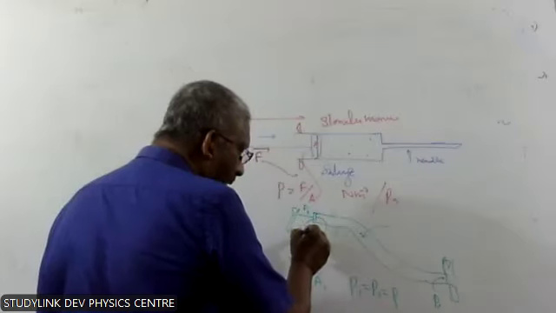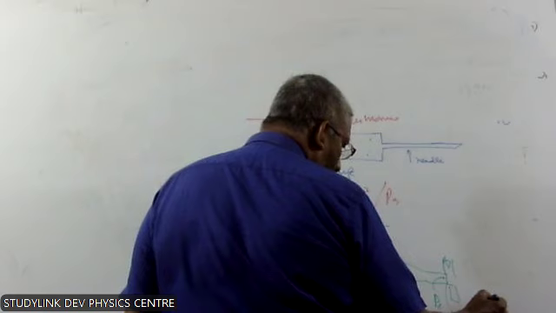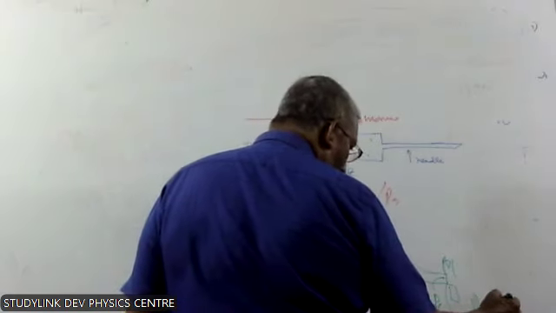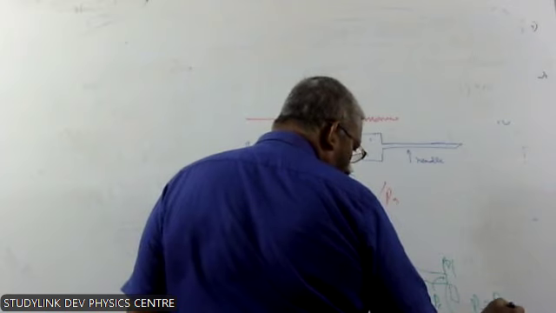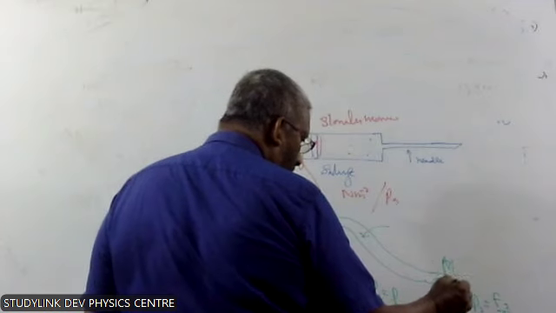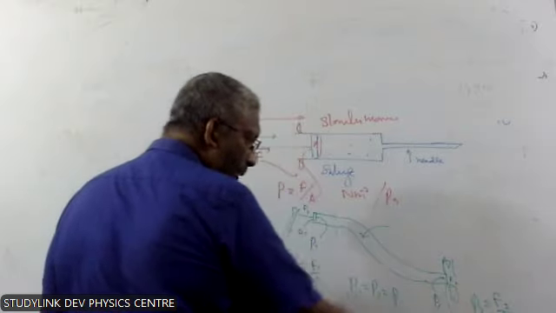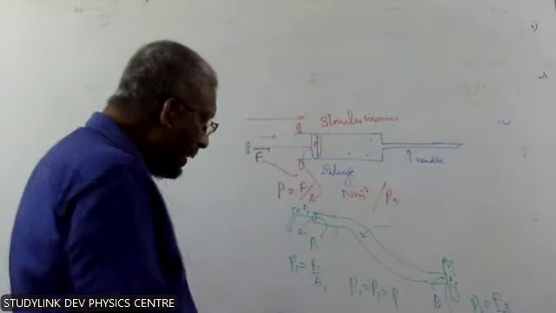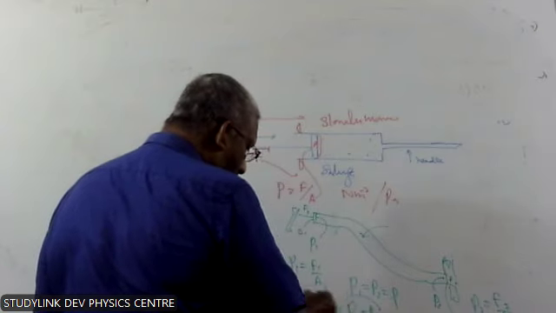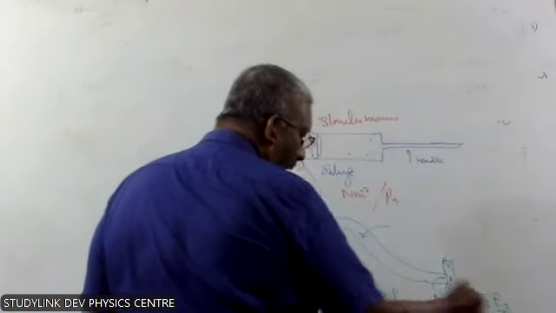A1 is here. This is A2. A2 is smaller normally. P2 is equal to F2 divided by A2 here. Then the force is F2, and the area is of the cylinder, sorry, piston. But P1 is equal to P2. So therefore, we can say this is also P, this is also P, and equate.